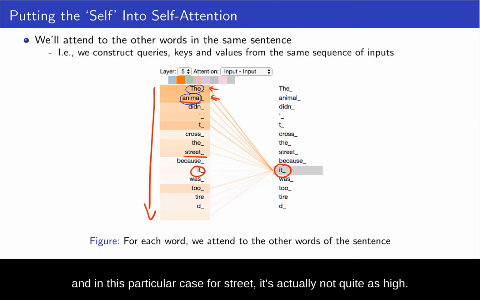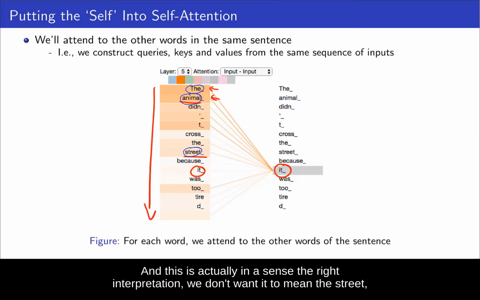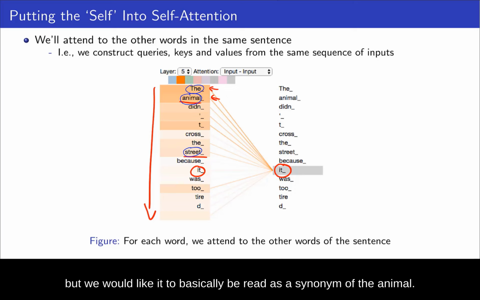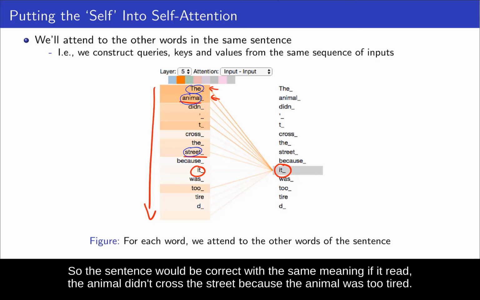And in this particular case, for street, it's not quite as high. And this is, in a sense, the right interpretation. We don't want it to mean the street, but we would like it to be read as a synonym of the animal. So the sentence would be correct with the same meaning if it read, "The animal didn't cross the street because the animal was too tired."